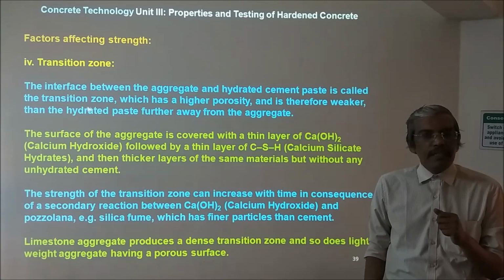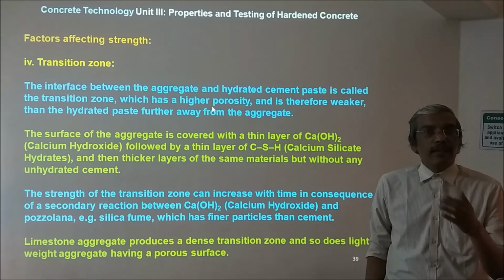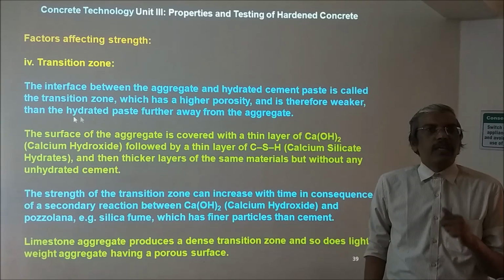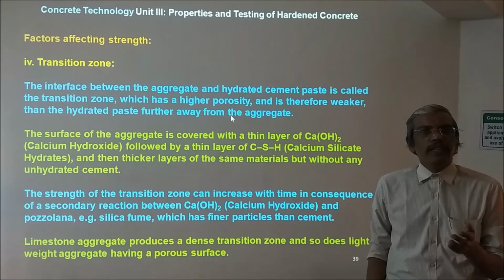Once again I am repeating it: the interface between the aggregate and the hydrated cement paste is called the transition zone, which has a higher porosity and is therefore weaker than the hydrated cement paste further away from the aggregate.